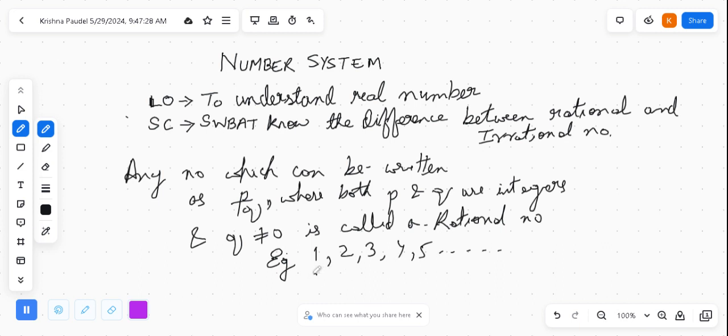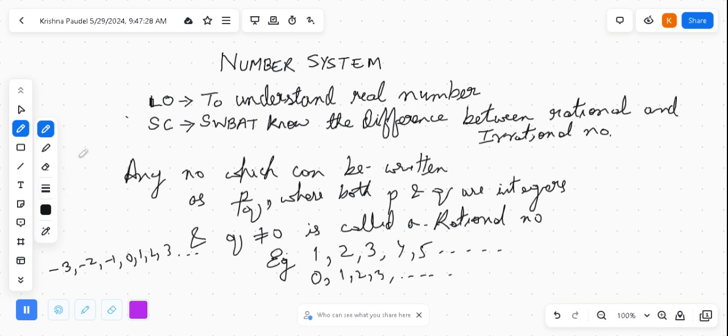Let's go back to whole numbers that we learned: 0, 1, 2, 3. All these numbers also can be written as p by q. Then let's take an example of integers: -3, -2, -1, 0, 1, 2, 3. Even all these numbers, integers, can be written as p by q.